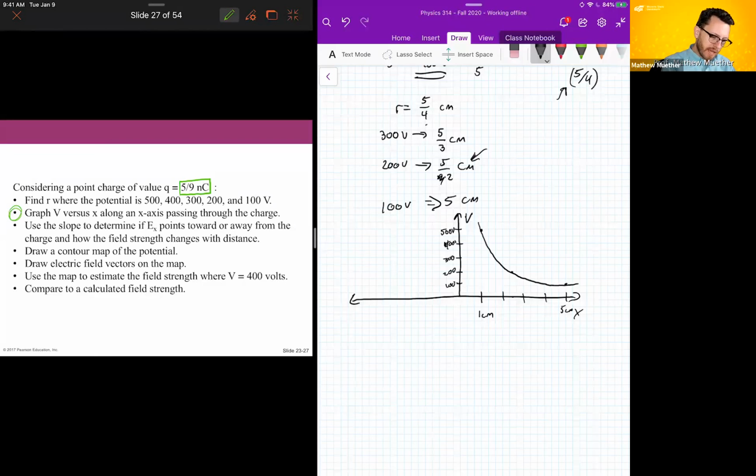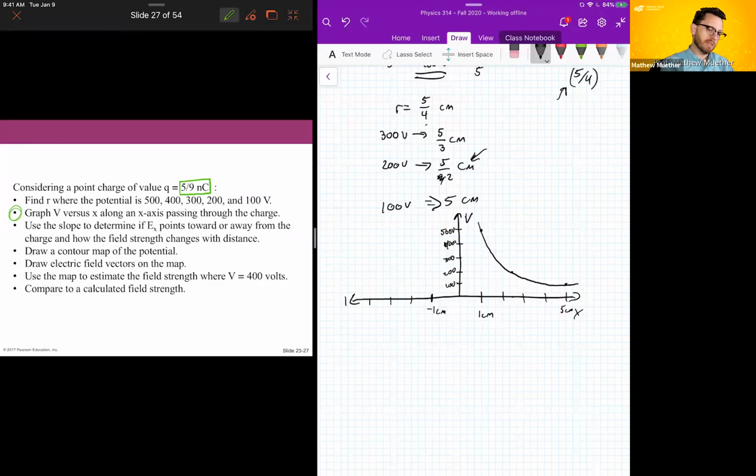What about on the negative side here? -1 centimeter, 2, 3. What does this look like? What's the potential at -1 centimeter? Can somebody tell me in the chat? Put your answers in the chat.